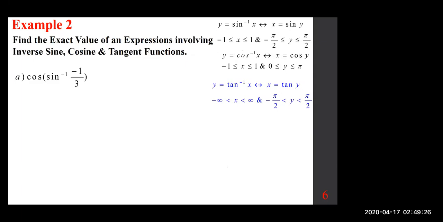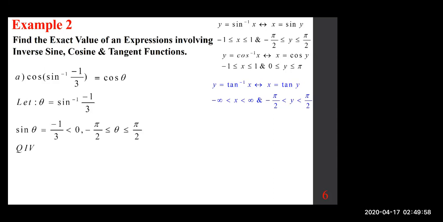Cosine of sine inverse of negative 1/3. Again, we are looking at cases that are not necessarily common arcs. So if sine inverse of negative 1/3 is missing, and we call that theta, that means we are looking for cosine theta, class. That's what we are looking for. And so this means sine theta must be negative 1/3.